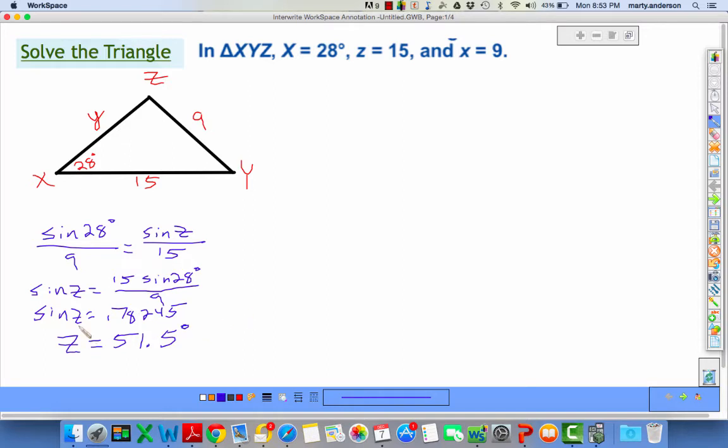Now, what you need to remember is you need to check to see if there is a second triangle that has a sine of Z of 0.78245 that will fit into this triangle.